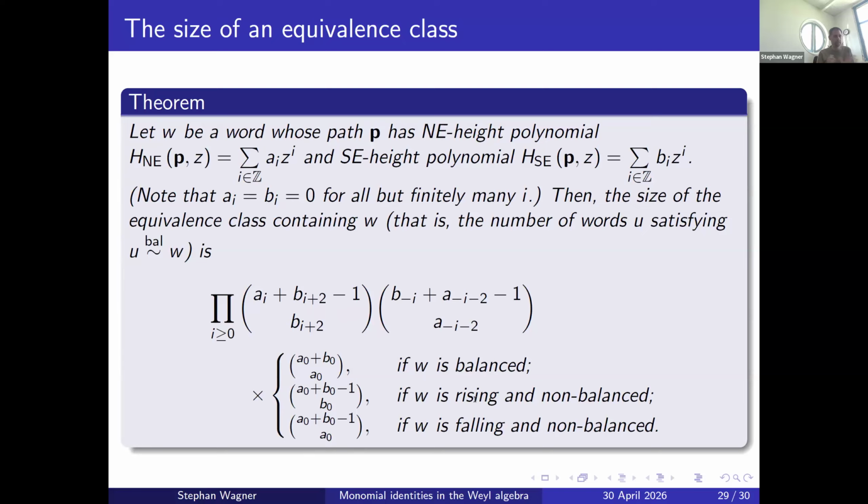There are 3 different cases, depending whether W is balanced or rising or falling. Falling means, the opposite of rising, has more D's than U's. So the size of the equivalence class also has an explicit formula.